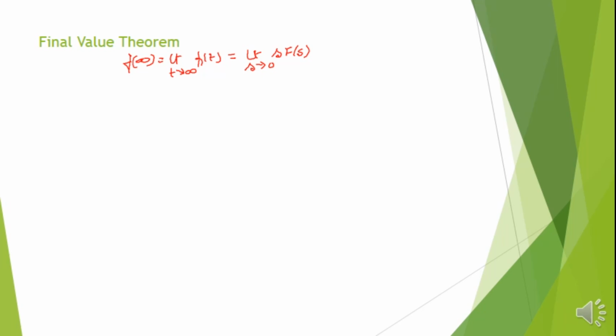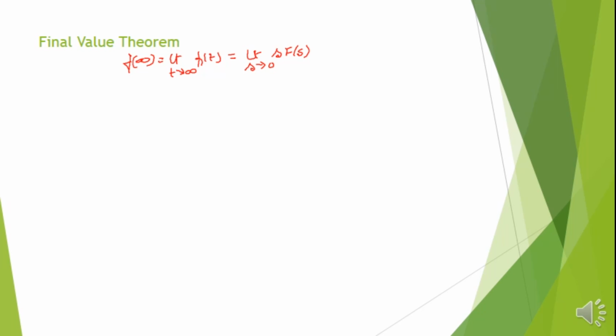So the value of f of t in the neighborhood of t equal to infinity is equal to the value of s F of s in the neighborhood of s equal to 0.